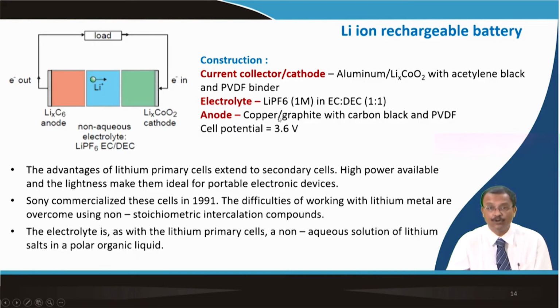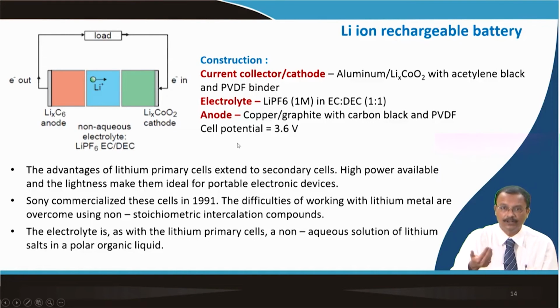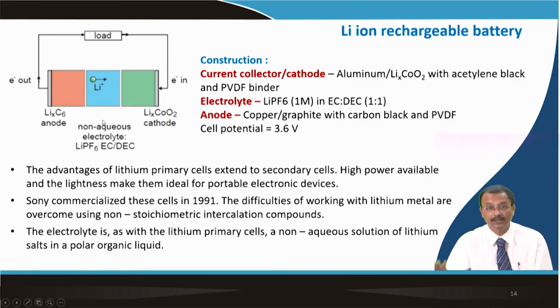Usually a lithium-based salt in a solvent, ethylene carbonate and diethyl carbonate in a 1:1 mixture, is taken as the electrolyte, and the anode is copper foil that is coated with graphite. That actually constitutes the first prototype and also the commercialized lithium ion battery.